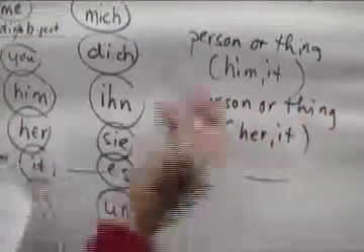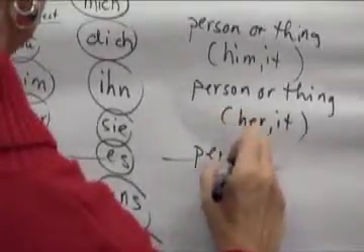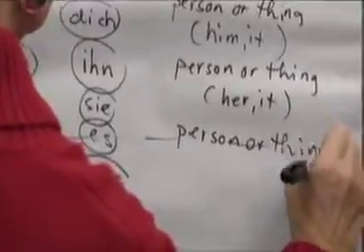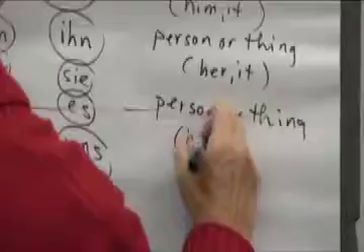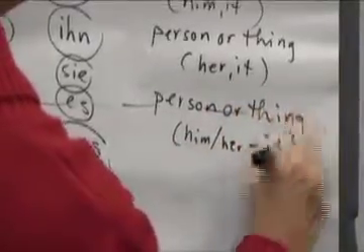She changes to her in the accusative. And a person or a thing can be him, her, if it's a person, or it, if it's a thing.